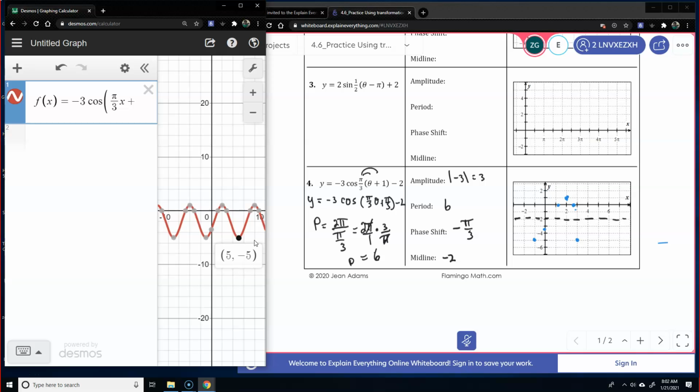The next point is 5, -5. So it looks something like this.